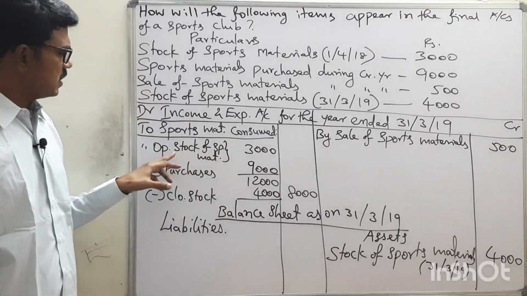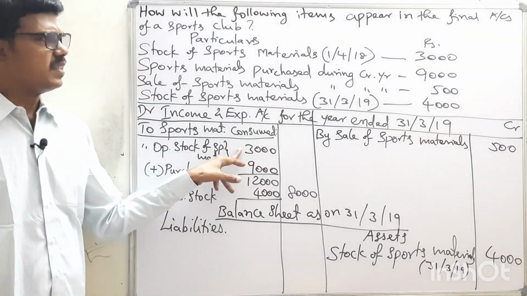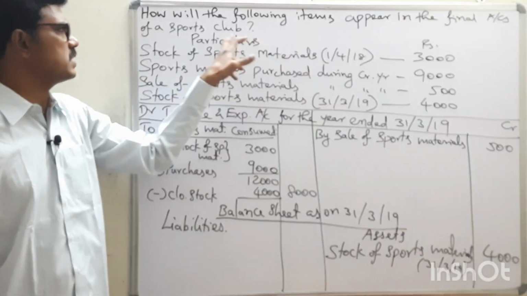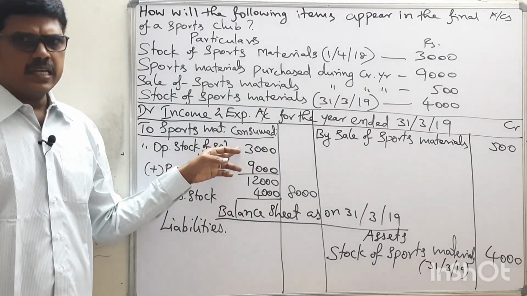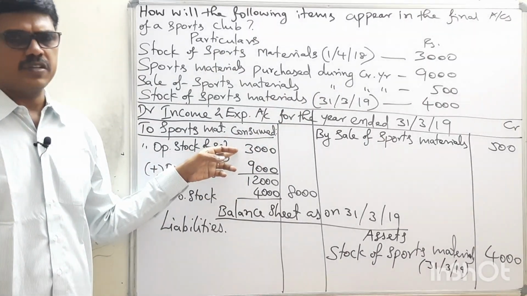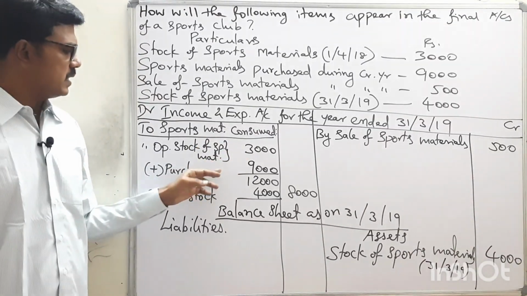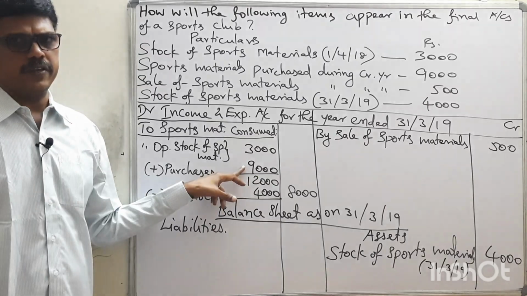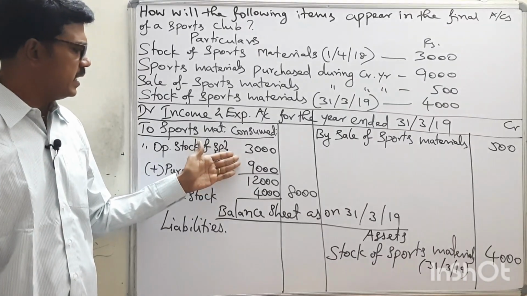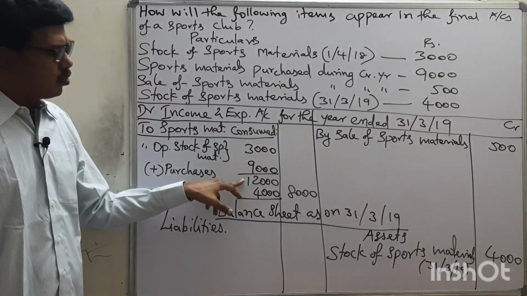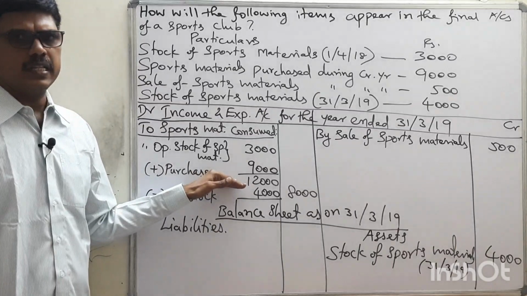Opening stock, sports material at the beginning of the year, is 3000. During that year, the club purchased 9000 rupees more for conducting various sports activities. So totally, they have 12,000 worth of sports material in the club.